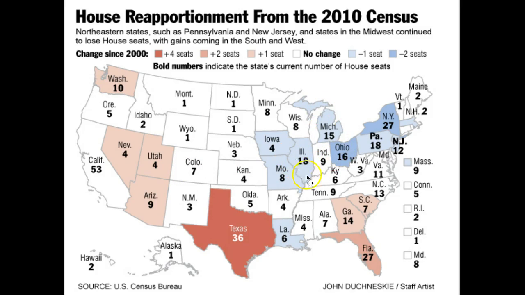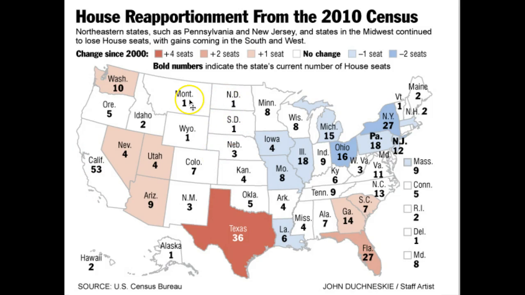States around us like Michigan, Illinois, Ohio, don't worry about the colors right now, but you can make an assumption that states with higher numbers are the states that have higher populations. So, of course, the state that has the highest population, California, which is just over 30 million people, has 53 representatives.